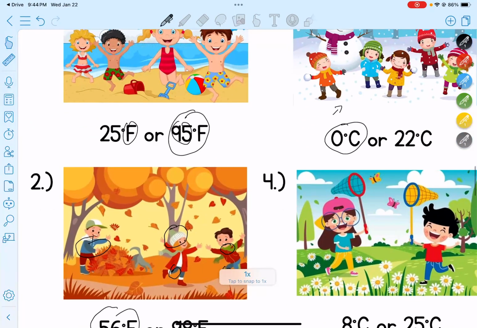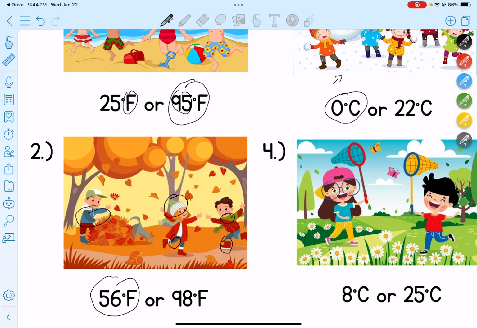And here we could see that it's probably around 8. Let me just get my calculator really quickly. Let's see.